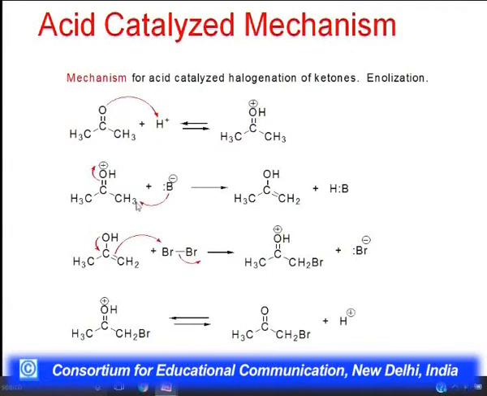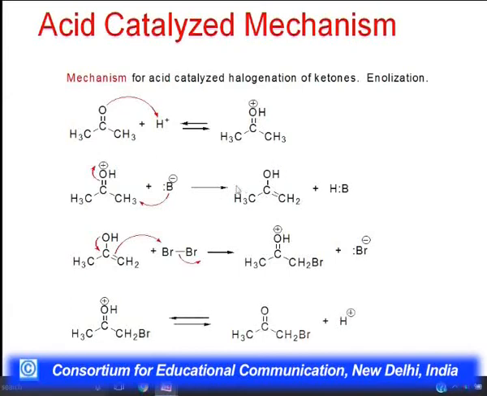And now, since it is acidic in nature, it will be eliminated with the base, resulting in formation of an enol. So what is an enol? An enol is a molecule in which there is a double bond between two carbons, and OH is attached to one of the carbons containing the double bond.